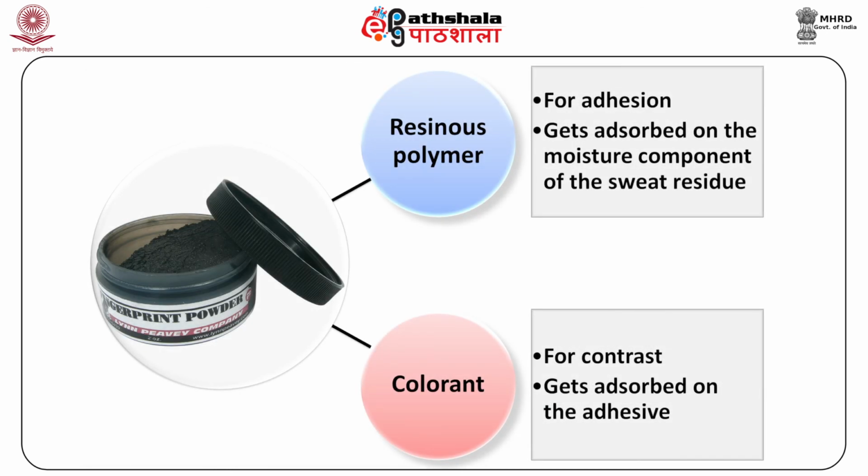Conventional fingerprint powders consist of a resinous polymer for adhesion and a colorant for contrast. The adhesive gets adsorbed on the moisture component of the sweat residue, while the colorant gets adsorbed on the adhesive. In this manner, the ridge pattern is visualized.